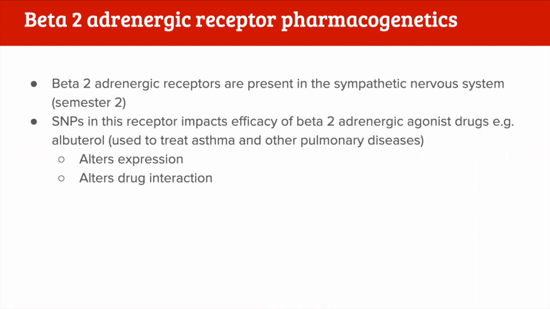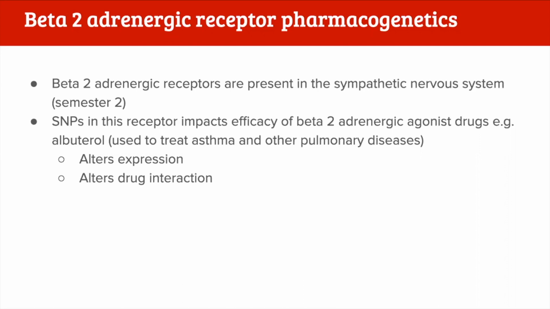And this is important in people who have asthma, okay? If you have asthma, you want to open up those airways, so you want to stimulate your sympathetic nervous system. In other words, you want to stimulate your beta-2 adrenergic receptors, okay? And the drugs that do this are the agonists.